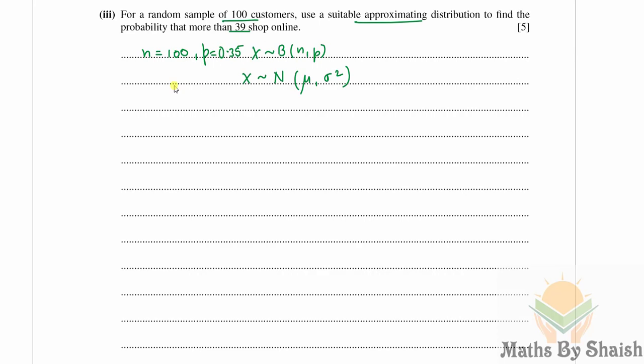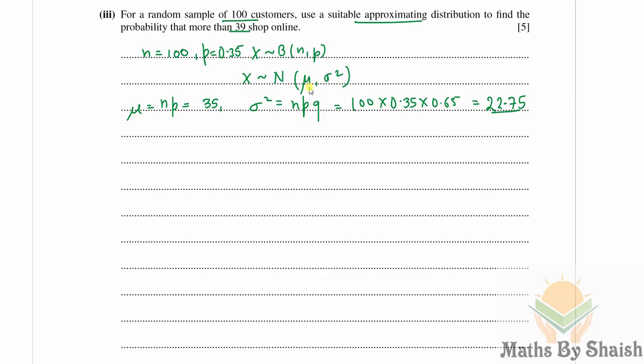So for the binomial the mean is n times p, that is going to be 100 times 0.35, so 35, and the variance is going to be npq, so it is 100 times 0.35 times 0.65, and this is going to be 22.75.